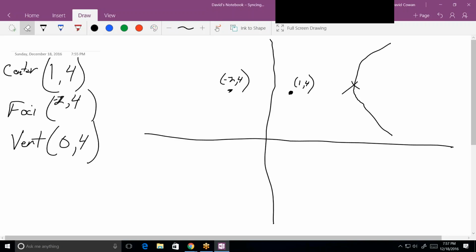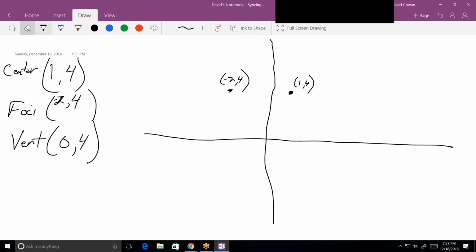Okay. Let me redraw this. 0, 4 is right there. Remember, that's the center. So the thing has to look like this. In other words, it's got to go through its vertex. And now do I know where the other vertex is?